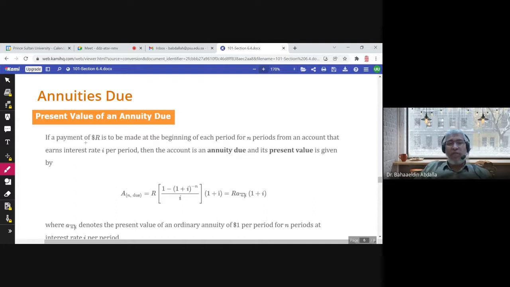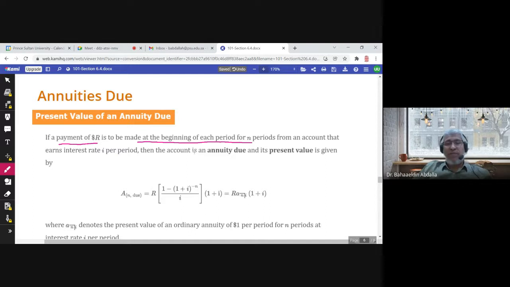Here in section 6.4, because the lump sum is present now, we call it present value, and annuity due because the payment is made at the beginning of each period for n periods, while if the payments are made at the end of each period, it is called an ordinary annuity. That's the only difference between annuity due and ordinary annuity.